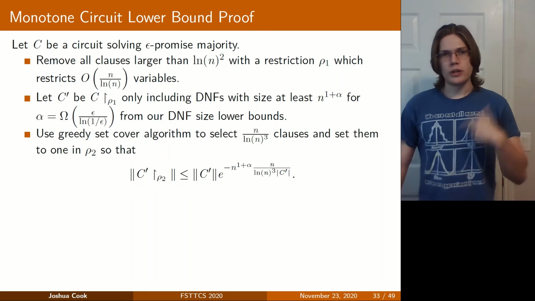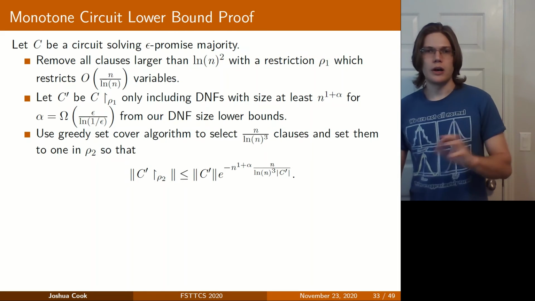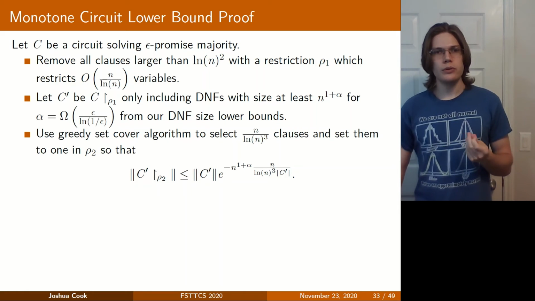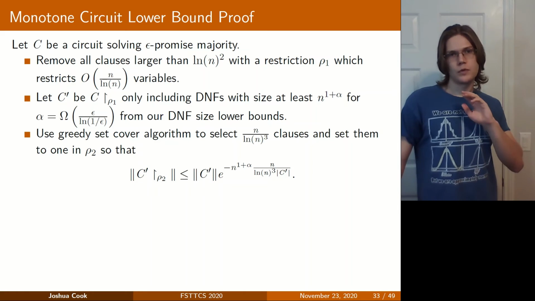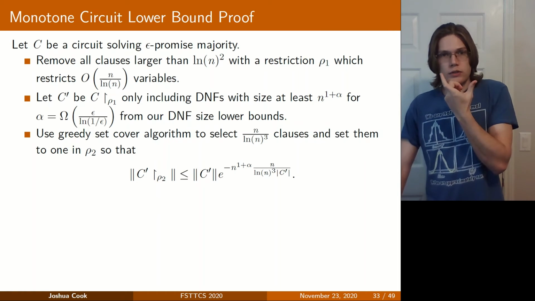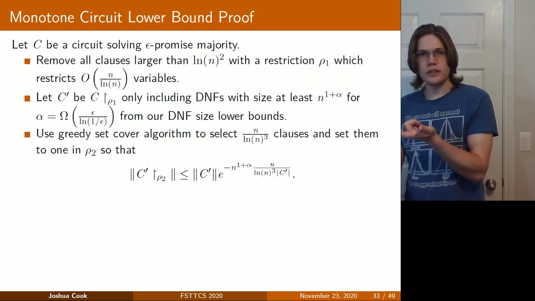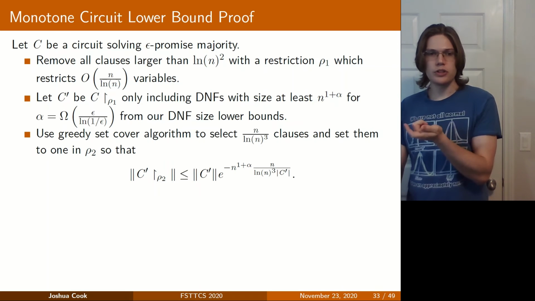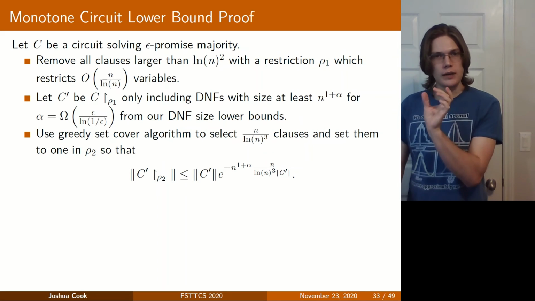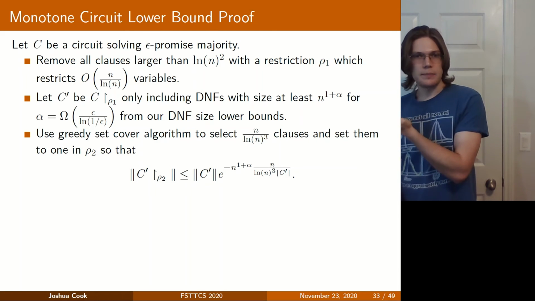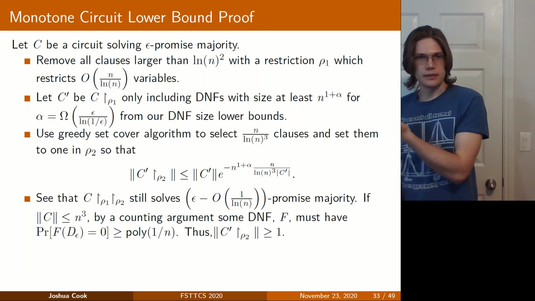Then we're going to use a greedy cover algorithm to select n over log n cubed clauses and set them to 1 in rho 2 so that the number of DNFs after we apply the restriction decreases by a factor that's exponential in the number of clauses in a DNF times the number of clauses we fix divided by the total number of clauses.